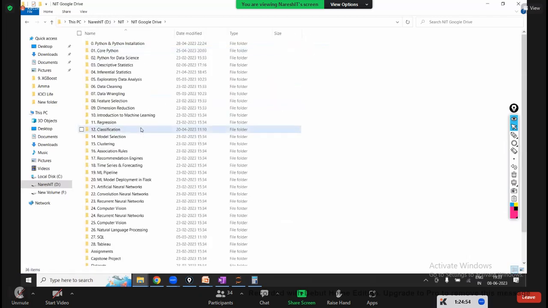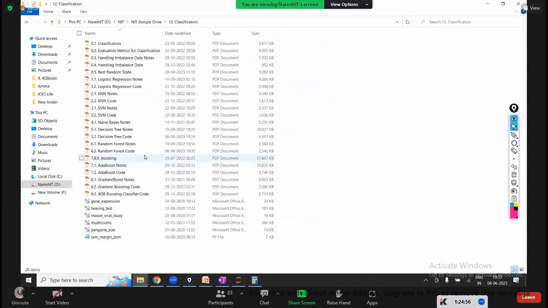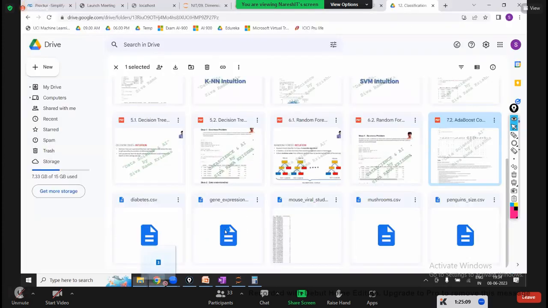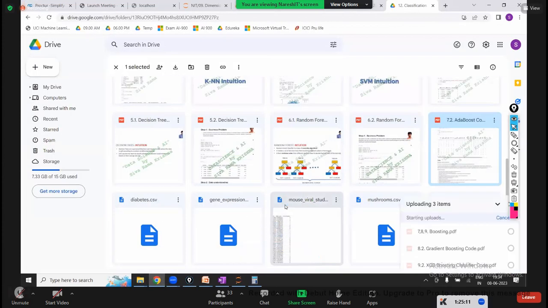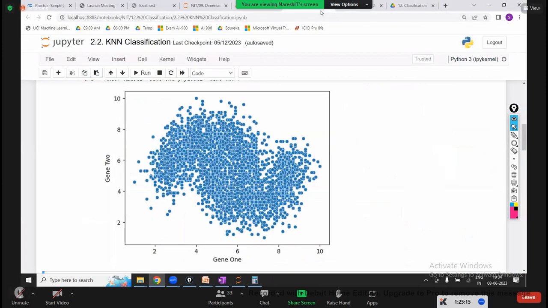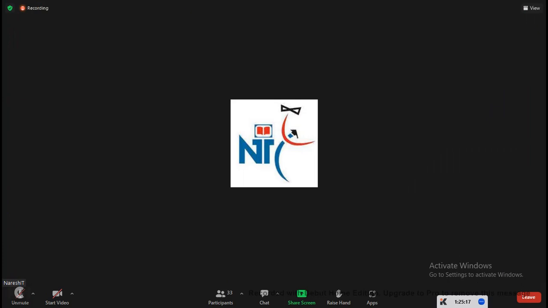In Google Drive, in that classification, AdaBoost, and the boosting notes.